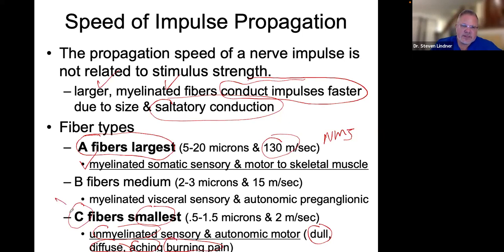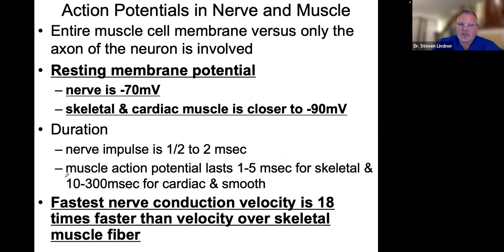Those use these C fibers. Okay. The B fibers, these are medium. These are myelinated. They're myelinated visceral sensory, like being able to tell that your bladder is full or your stomach is full, right? Those are visceral sensory neurons. Okay, so the A fibers are the fastest and the C fibers are the slowest.